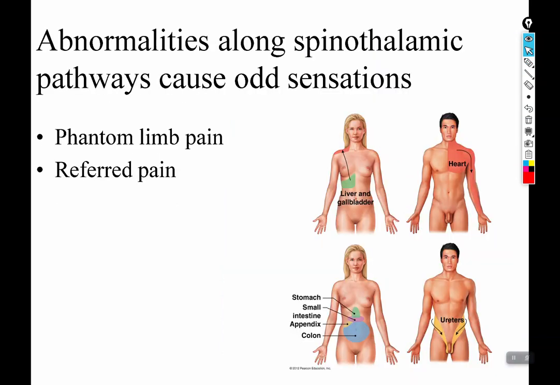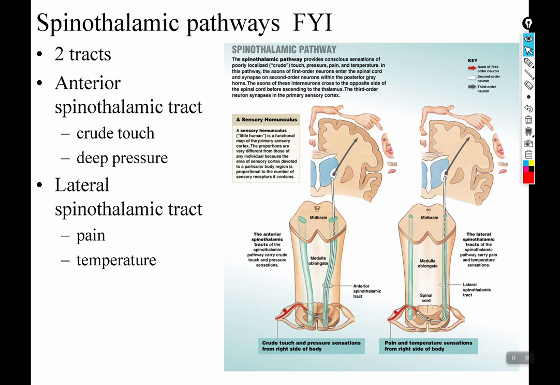So one of the consequences of the spinothalamic pathways is that because of the density of sensory neurons in the dorsal gray horn, there's just oodles of them, it's possible for them to accidentally excite each other every now and then.